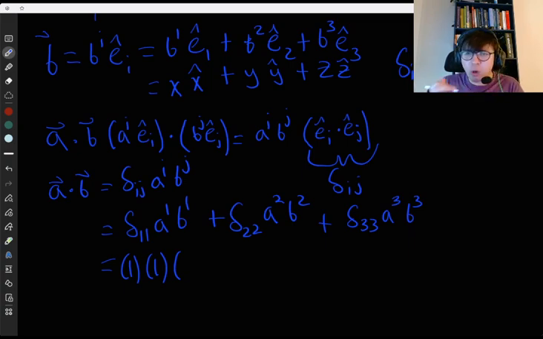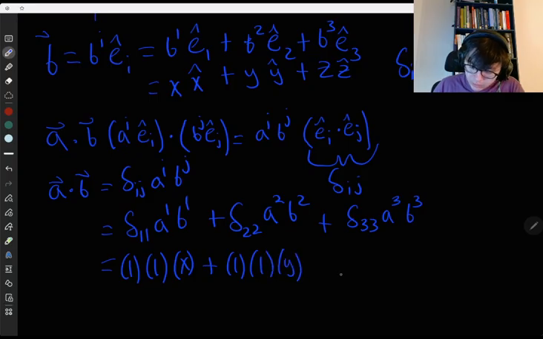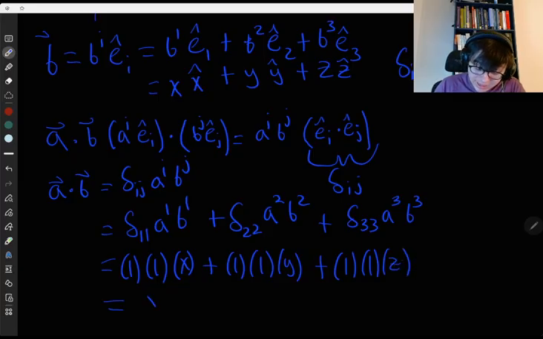But we're working in 3 space. So we have A3, 3, 3. So then this one is going to be X plus 1, 1, Y plus 1, 1, Z. And what do you know? We get X plus Y plus Z.